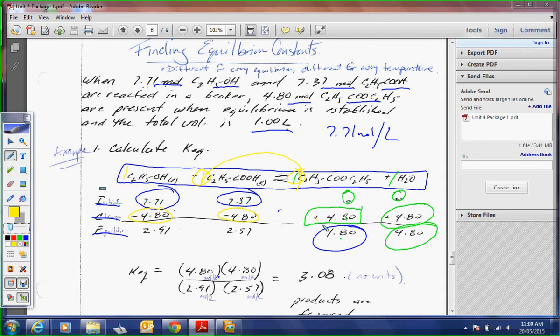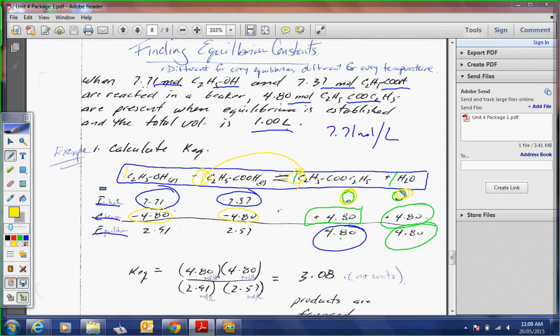And you don't have 7.71 on the right side on the top because, why don't I have the numbers here? Because this is saying I poured alcohol and poured carboxylic acid. I did not pour any ester, and I did not pour any water into it.